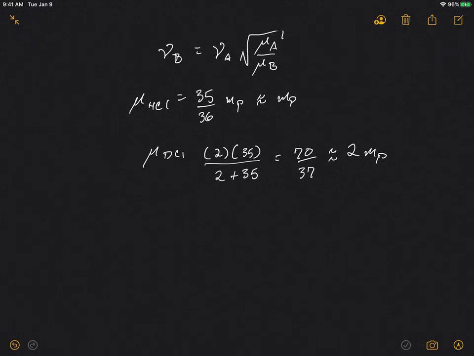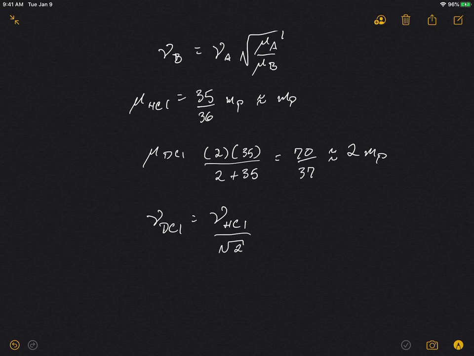Therefore, we expect that the frequency for DCl is going to be roughly the frequency of HCl divided by the square root of 2. And that was 2880, so this is going to give us 2040 wave numbers, and that's a lower frequency. Again, that's what we expect.